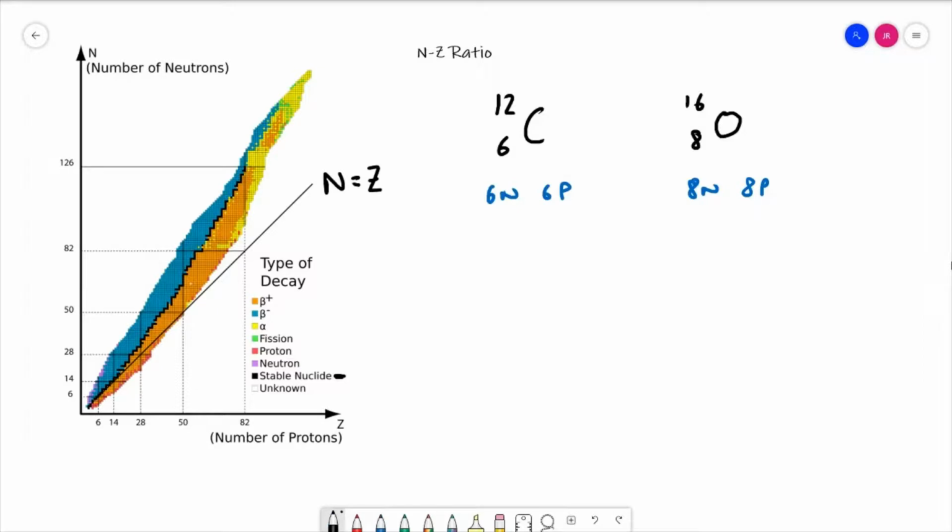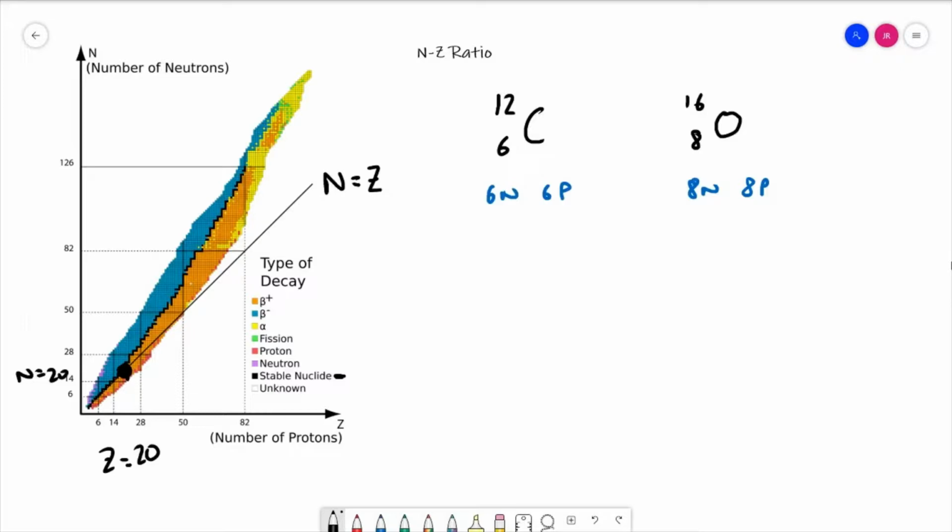We can see that once we get to around about this point here, which is around about when Z is equal to 20, and therefore around about when N is equal to 20, up to there, the stable nuclei pretty much follow the NZ line.